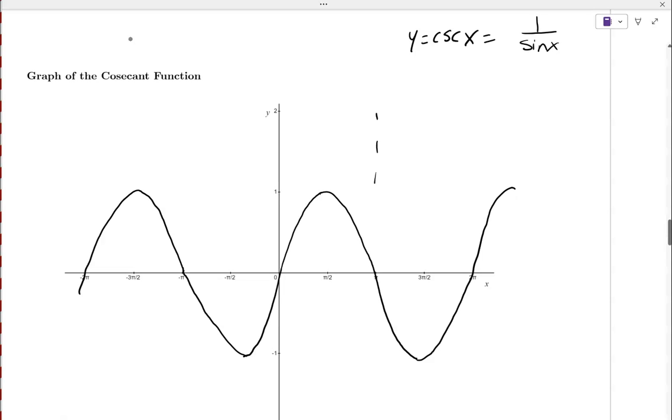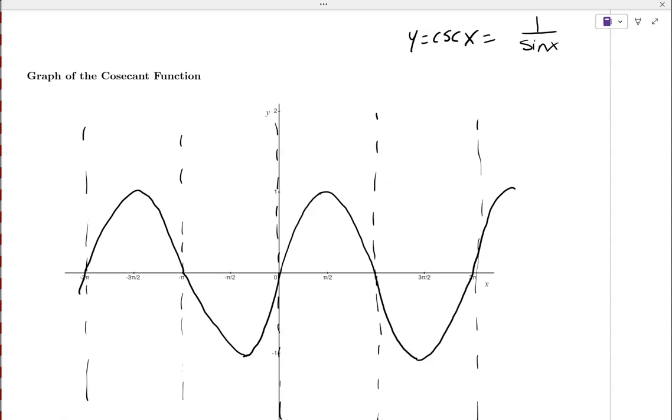Yeah, pi. Good. At pi, at 2 pi, at 0, at pi, negative 2 pi. All the multiples of pi again, right? Because that's where the sine graph crosses the x-axis. We agree?